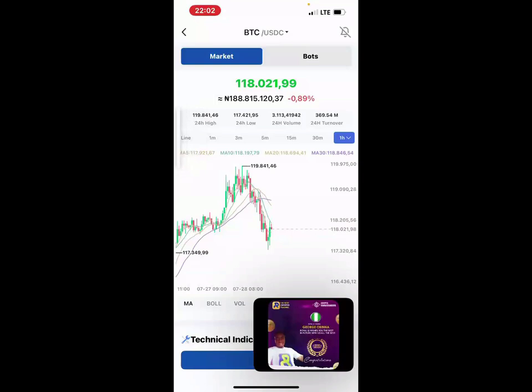Now if my MA5 is giving me 117,000, my 10 period is giving me 118,000, my MA20 is giving me 118, and my 30 period MA30 is giving me 118. I know the market is dropping right now, because why?